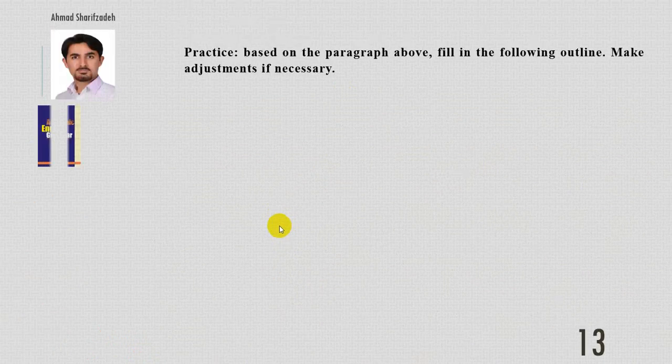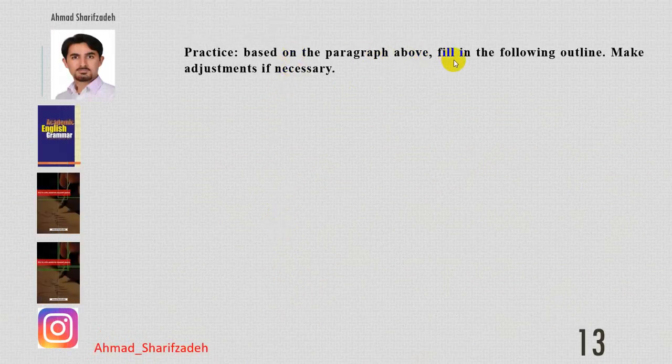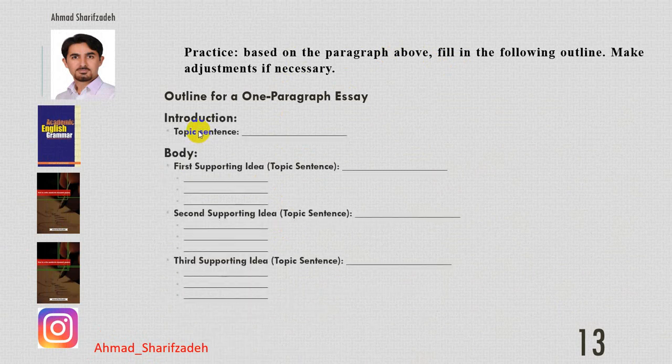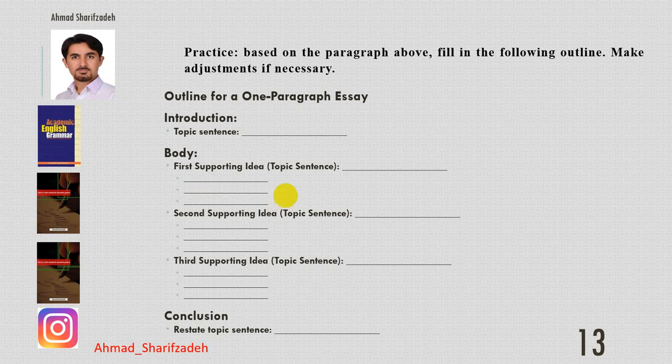And after that, based on the above paragraph, fill in the following outline. You should divide that paragraph into three parts: introduction, or the topic sentence; body, the supporting ideas; and finally the conclusion. This is the whole story with regard to one-paragraph essays.